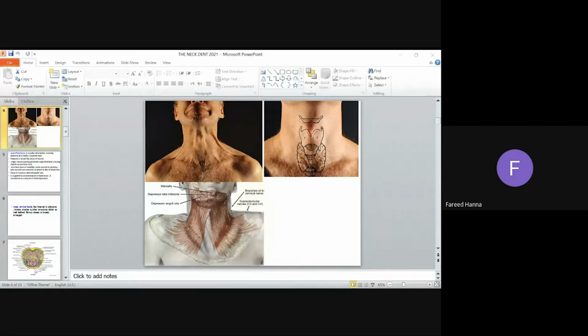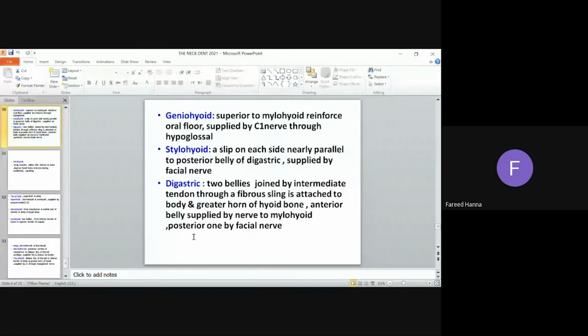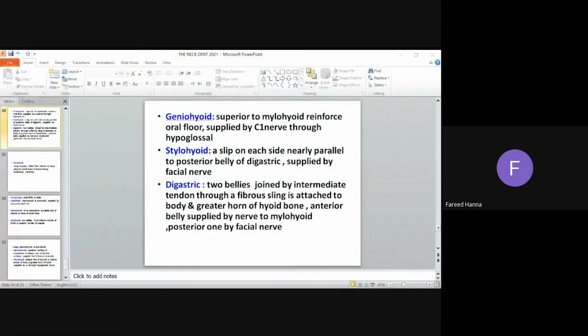These include mylohyoid, which we have seen, the mobile and stable floor of the mouth. We have studied it, supplied by the nerve to mylohyoid. Next, we have the geniohyoid, superior to the mylohyoid, reinforcing the floor of the oral cavity, supplied by the C1 nerve through the hypoglossal.